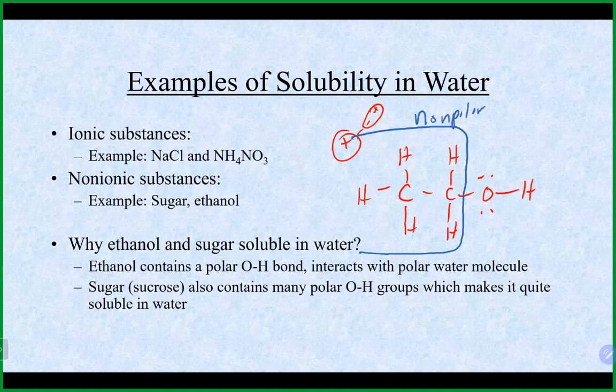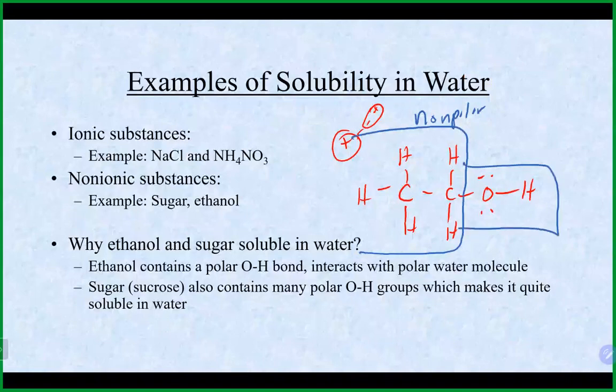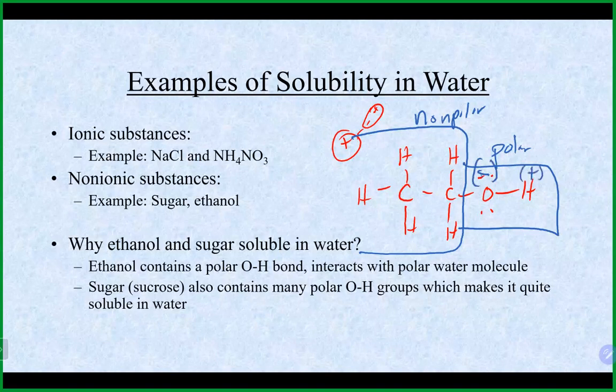But what allows something like ethanol to be soluble in water is that it actually does contain a polar part, which is this bond right here. That bond is a polar bond between oxygen and hydrogen, the oxygen being more negative in that bond, hydrogen being more positive. Because it has this polar part, it's able to interact really well with water, because water is pretty much identical.